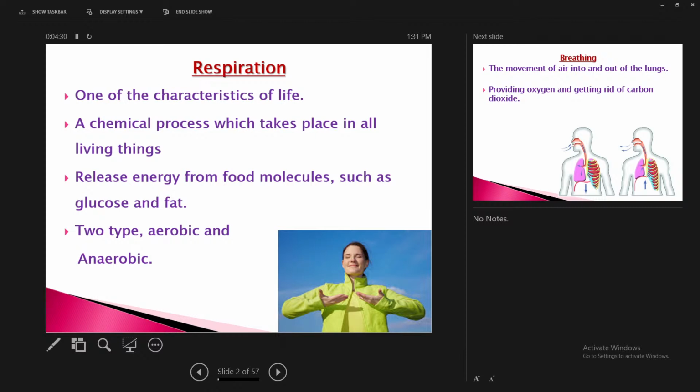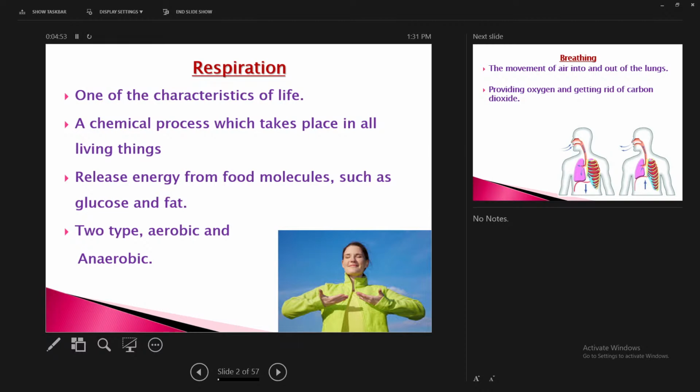The digestive system breaks down that complex carbohydrate into a simpler form, and that is where glucose comes into play. So glucose is the end product of carbohydrate digestion.